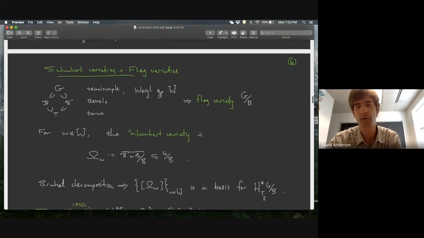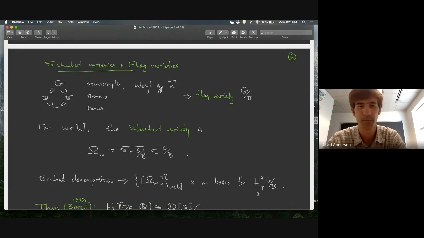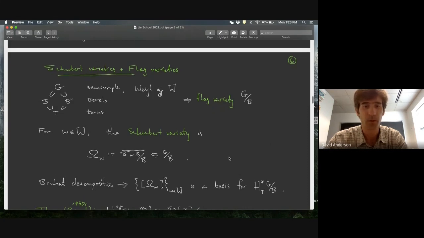In fact, that's true for equivariant cohomology. If you know what that is, then you probably know this statement. If you don't, then I'm not going to teach you here, but it's true. So the Schubert varieties, or their classes rather, form a basis for this ring.